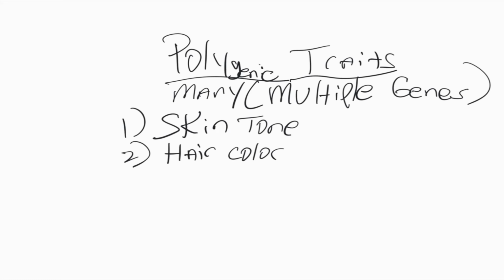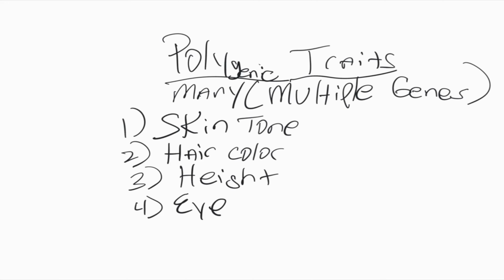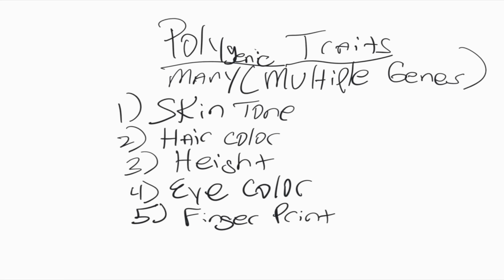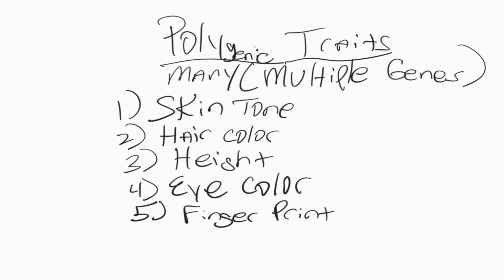Polygenic traits. Many genes are involved. Number 3, height. Polygenic trait. Number 4, eye color. Polygenic trait. Number 5, your fingerprints. Everyone in our class has a unique and different fingerprint, students. Several genes are involved in your fingerprint. I was going to try to put my fingerprint on the screen here, but I can't do it.